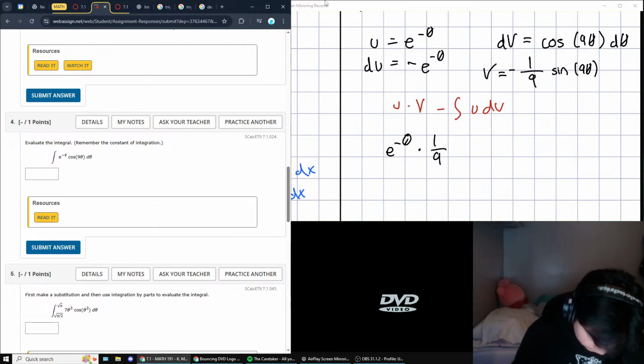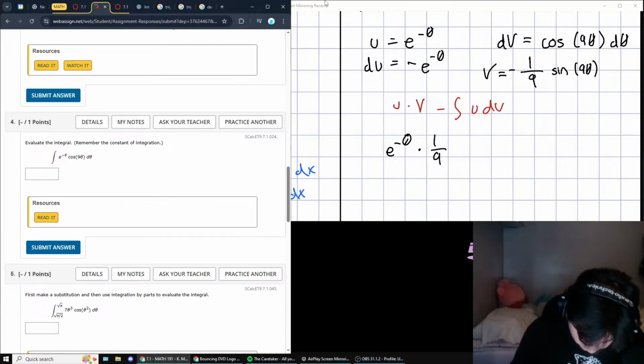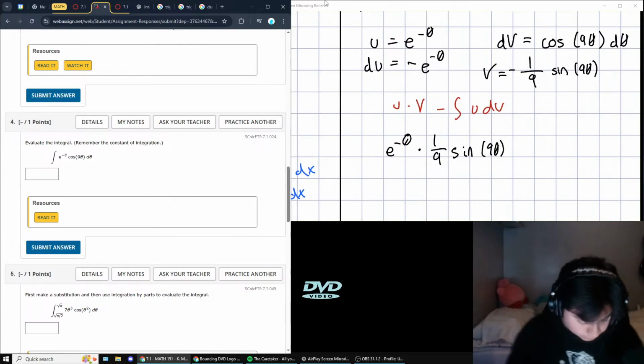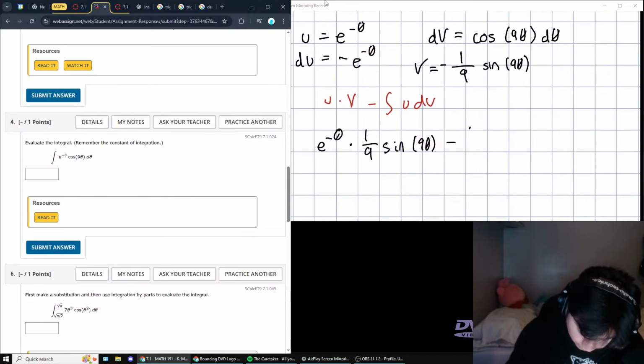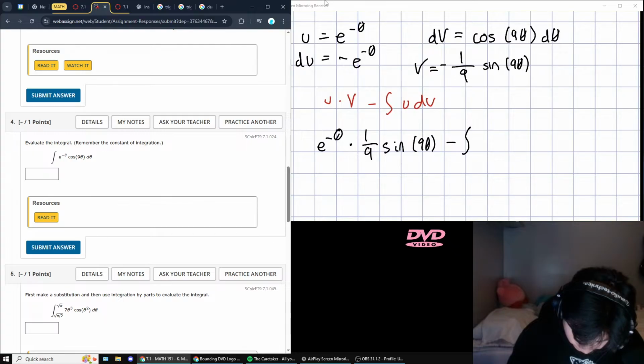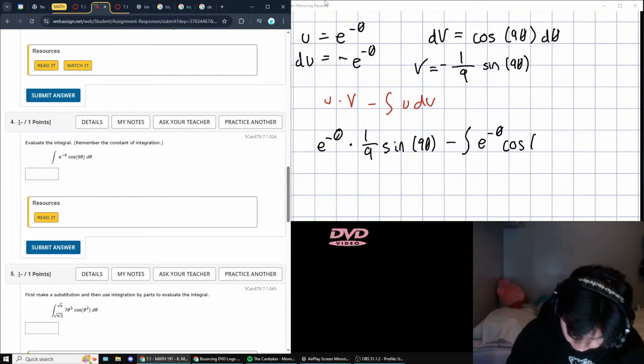Oh, they cancel out. 1 over 9 sine 9 theta minus the integral of u being e to the negative theta times dv, cosine 9 theta d theta.